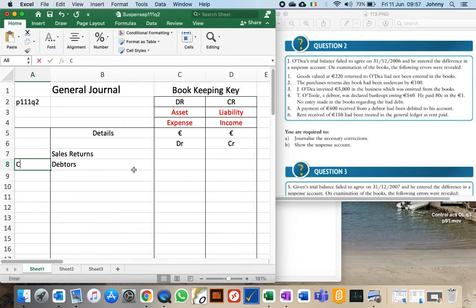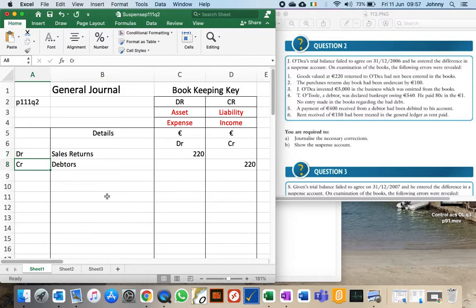So I'll credit debtors, and the amount of money is 220, which means that the sales returns must be the opposite. Sales is an income, which is a credit entry. So sales returns is cancelling an income, so sales returns is actually an expense, and that is in the debit column. We have more expense, more goods were returned, so that's why it's debit.